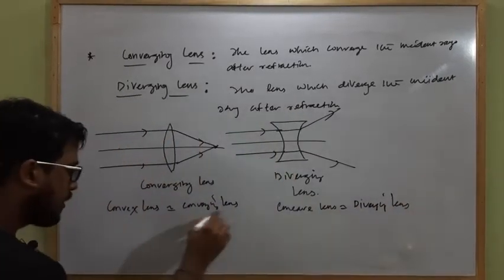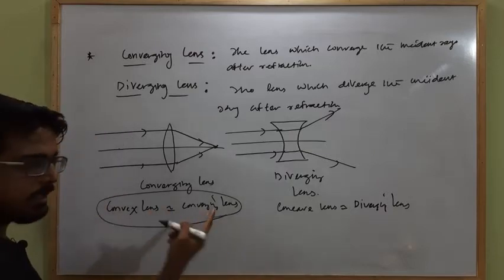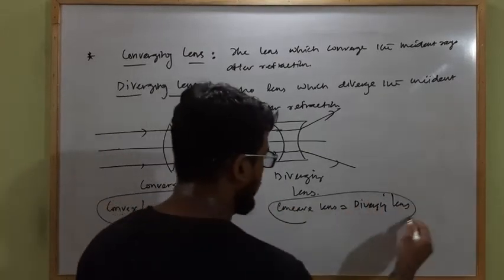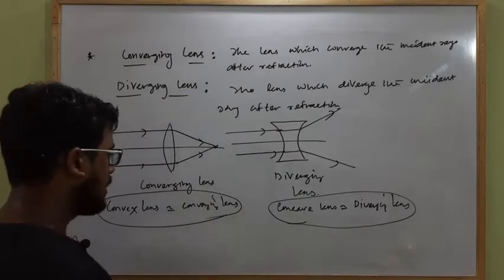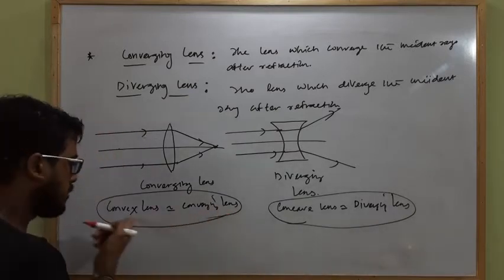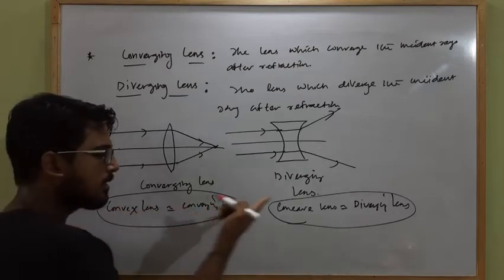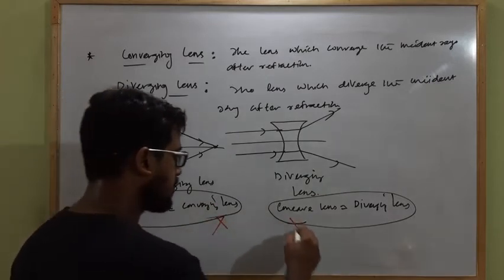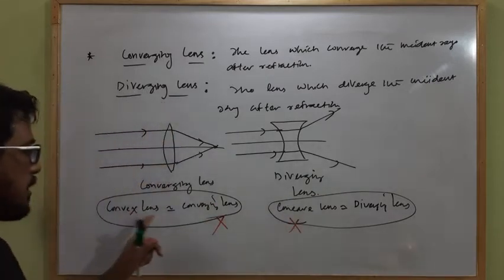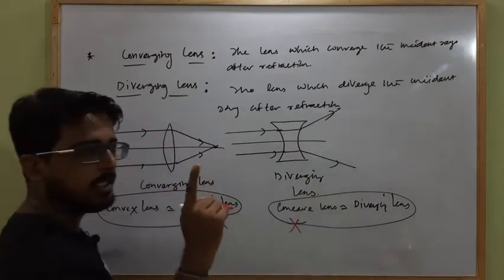Okay, but this term, a convex lens is a converging lens and a concave lens is a diverging lens, is not always true. You have to remember this. In most of the books, it was mentioned that convex lens is a converging lens, concave lens is a diverging lens, but it's not always true. Always a convex lens is not converging and a concave lens is not diverging.